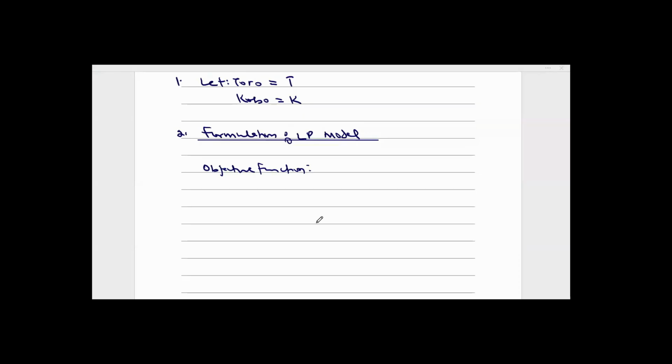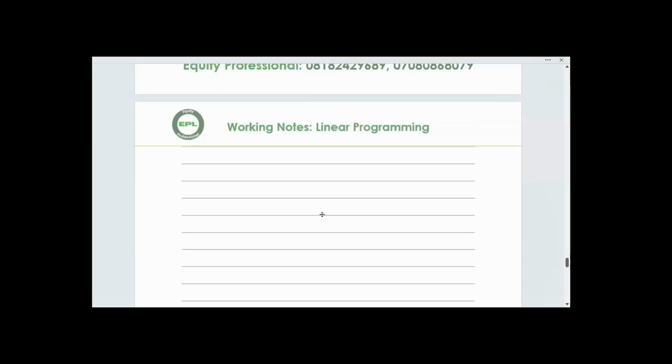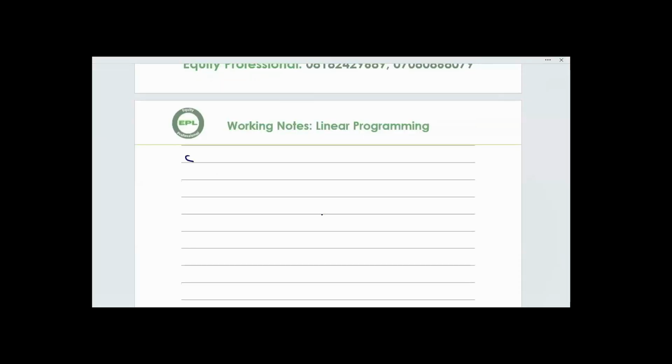How do you get the contribution per unit? In this question, the examiner has given you selling price and then variable cost. So let's determine contribution per unit for Toro and Kobo.